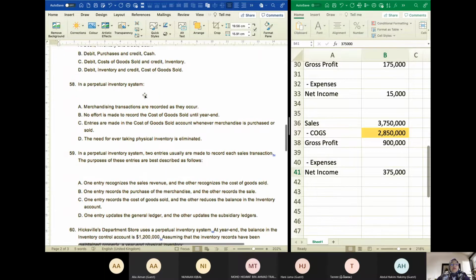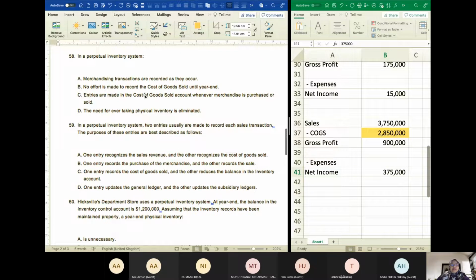To further understand the perpetual system, A, in a perpetual system, merchandising transactions are recorded as they occur. Right or wrong? B, no effort is made to record the COGS until year end. Is that right or wrong? Wrong, because when do you record your COGS under perpetual?